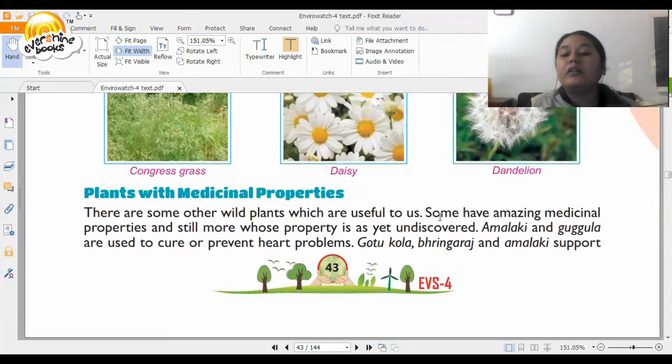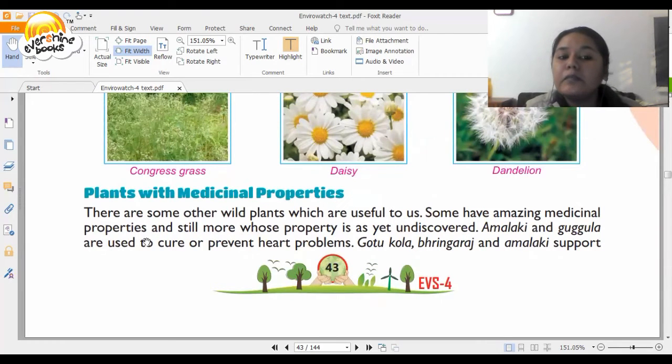Next, we talk about the plants which have medicine qualities. Like we heard about neem, which is the most popular tree in terms of medicinal quality. There are some other wild plants. Now there are some wild plants also which are used as medicine.